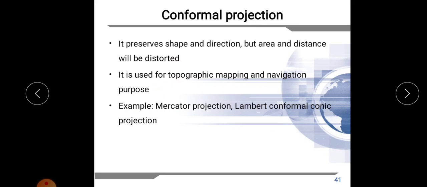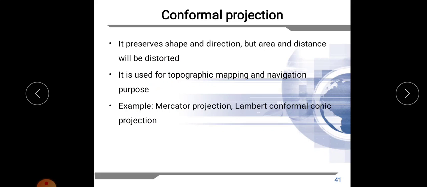So first one, conformal projection. In this type of projection, it preserves shape and direction, but other parameters like area and distance will be distorted. It is used for topographic mapping and navigation purposes, because in these situations the shape has to be constant.